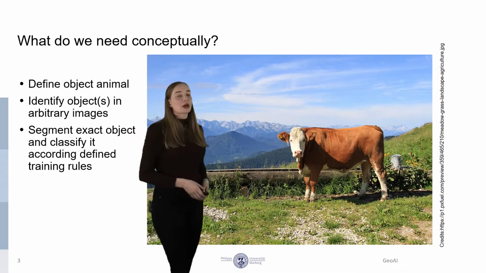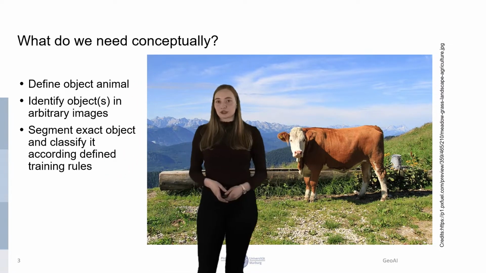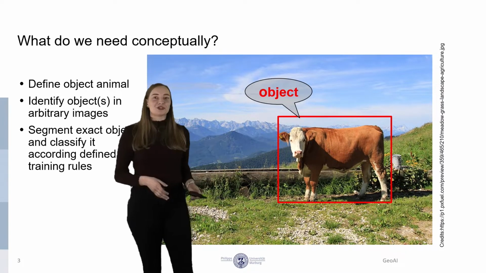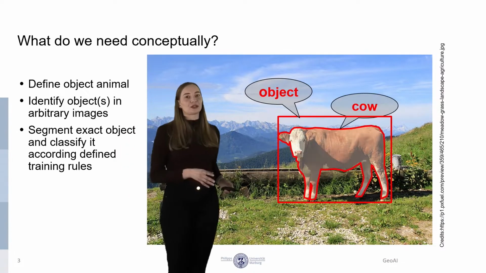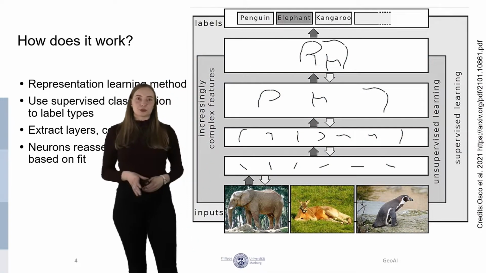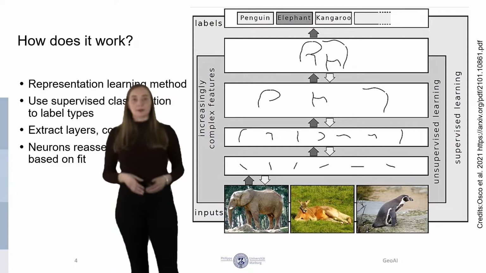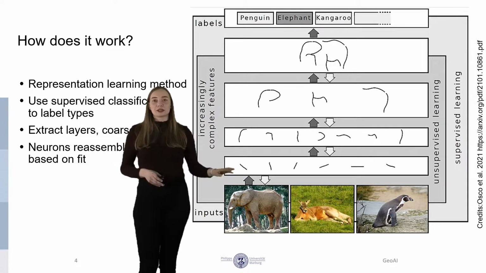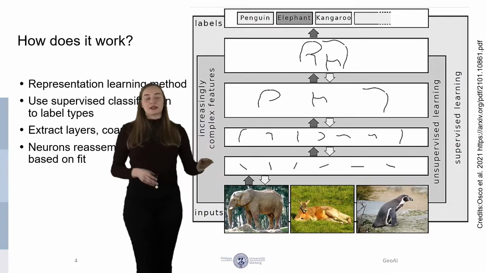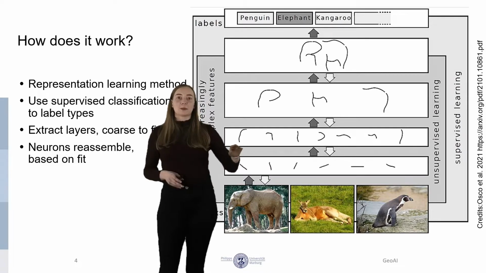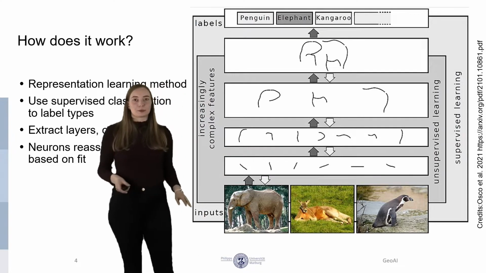So to come back to our introduction and just to remember what we're trying to do here, we again have our cow, and we're trying to detect an object, and after that we want to classify it. So how does this really work? We have several steps of unsupervised learning. In the first layer we would have just some lines, and then they increase the information and we get some more curves about the object, but we still can't see what it actually represents.